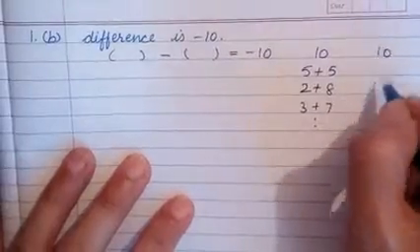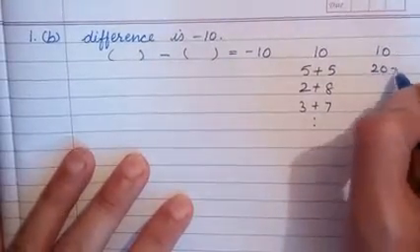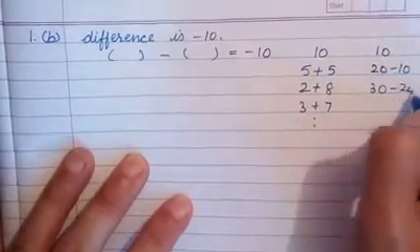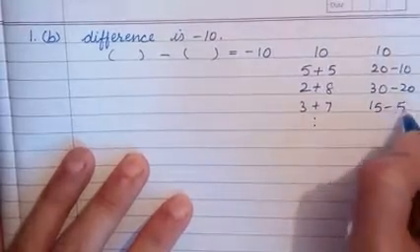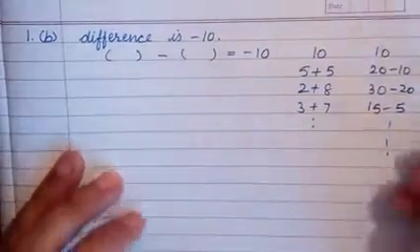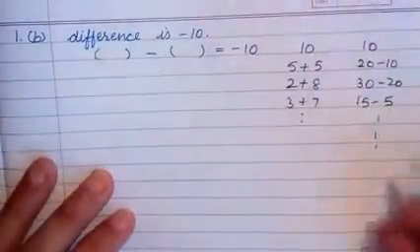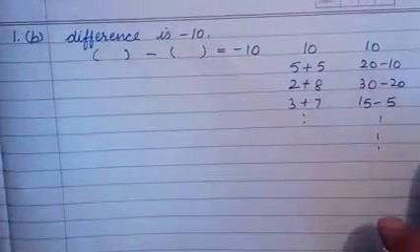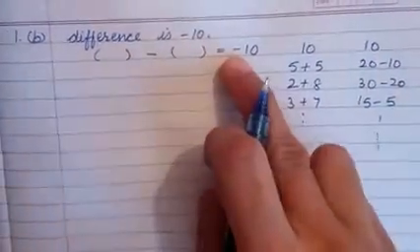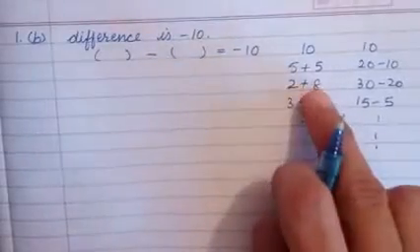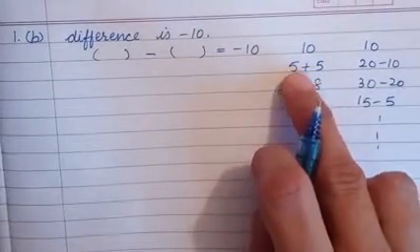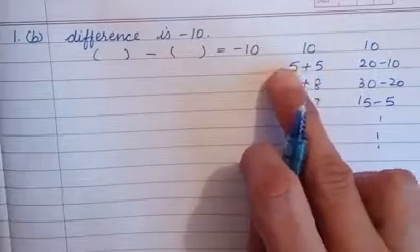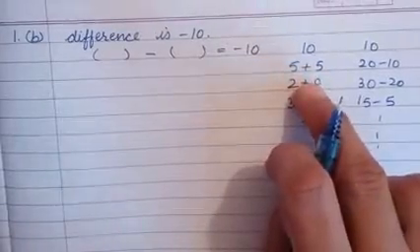And 10 also comes when we subtract, like 20 minus 10, 30 minus 20, 15 minus 5. So in subtraction infinitely many possibilities are there. So here now we want a minus sign. For minus sign, you remember the rule, that both should be negative to get minus.